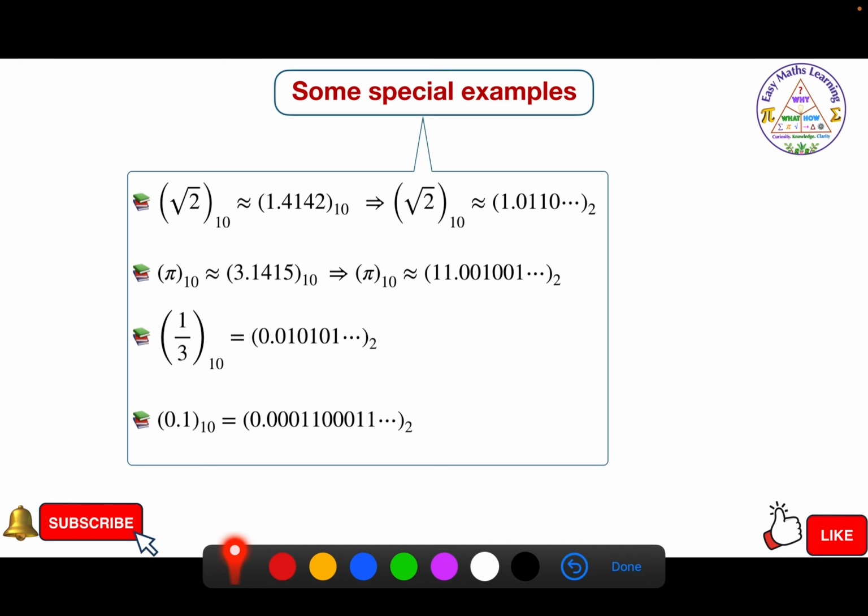Okay, so important conclusion is some decimal fractions cannot be represented exactly in binary, and that's why computers sometimes show small rounding errors, because computers can store only numbers with finite digits. Okay, so to store those numbers with infinite number of digits, they use the rounding or chopping off those numbers.